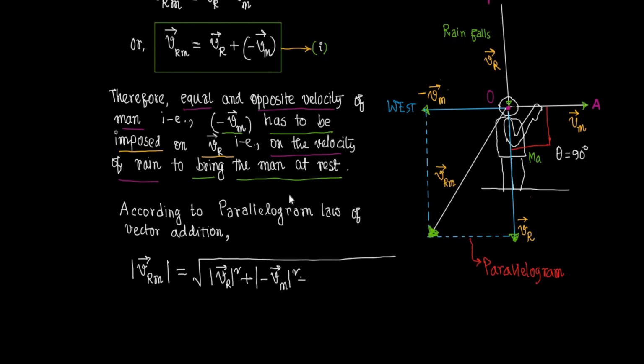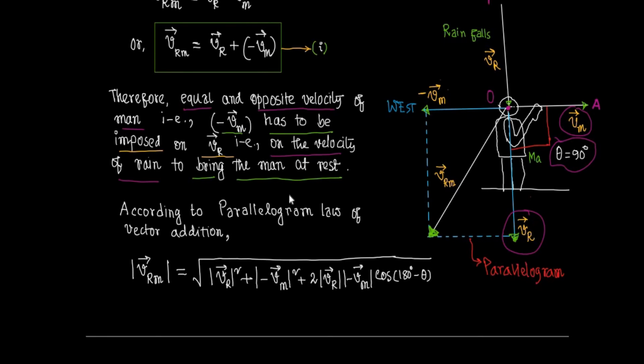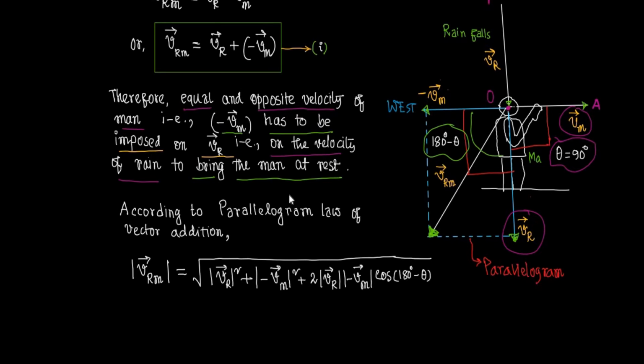Now according to the parallelogram law of vector addition, mod vector Vrm is equal to root over mod vector Vr squared plus mod minus vector Vm squared plus 2 mod vector Vr into mod minus vector Vm cos of 180 degrees minus theta. Here theta is the angle between vector Vm and vector Vr, and the angle between vector Vr and minus vector Vm is 180 degrees minus theta.